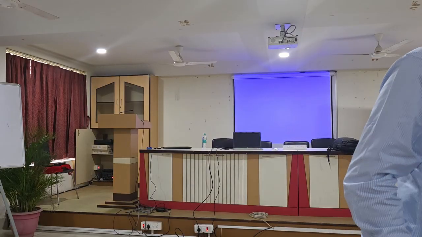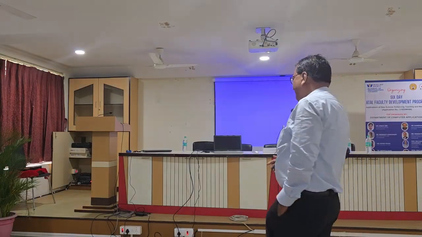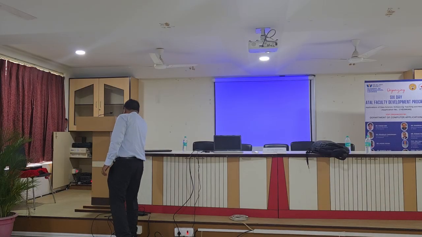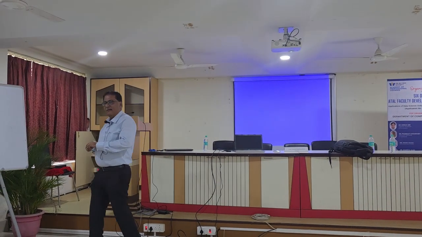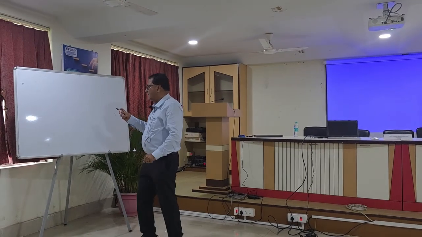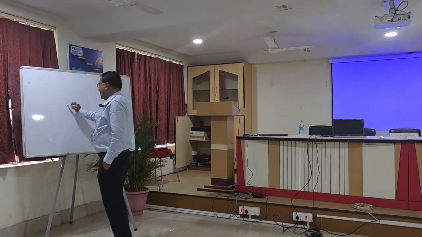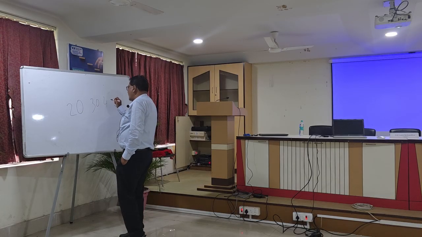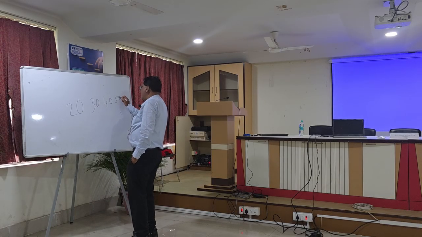Sir, can you please elaborate the concept of parametric and non-parametric? Actually, if you ask me what is parametric, suppose I have a very interesting data: 20, 30, 40, 50, 60.